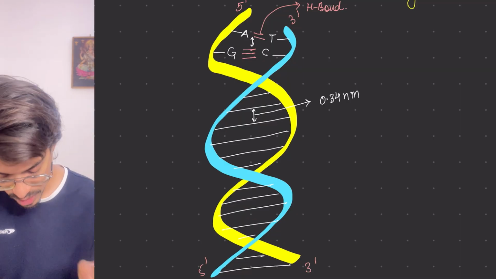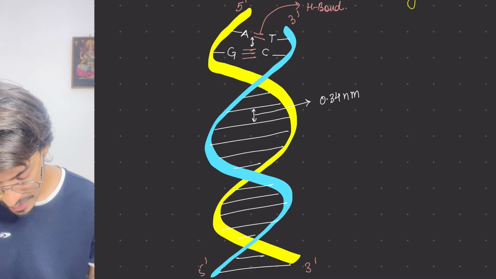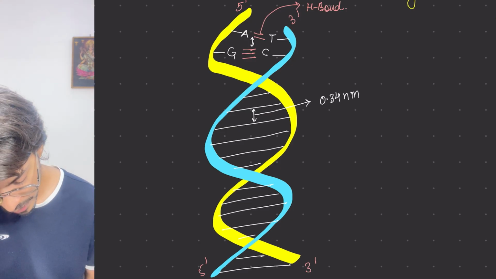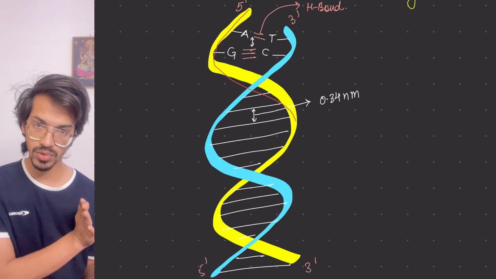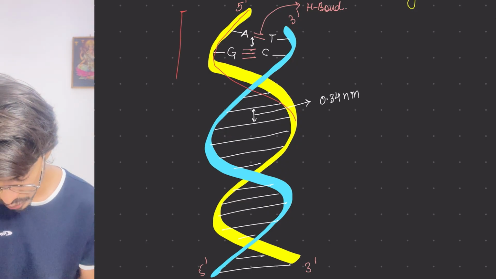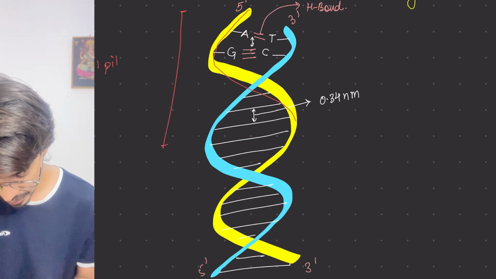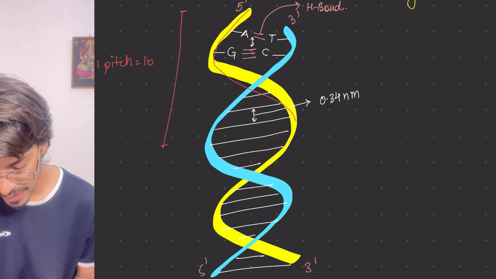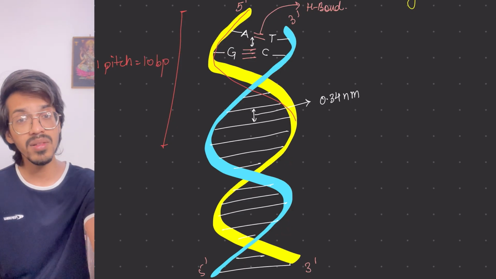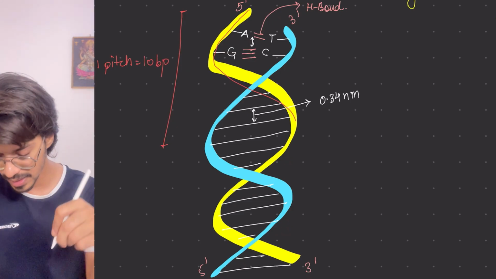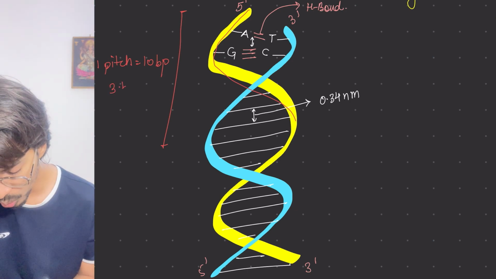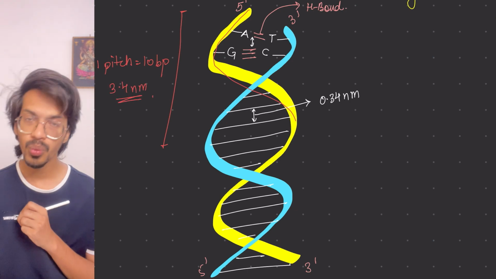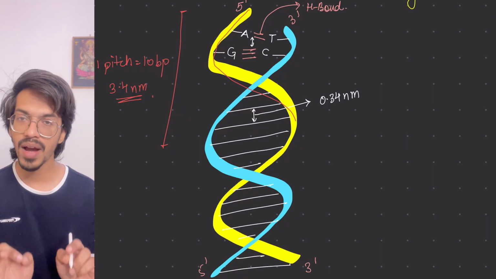Okay, so next, if you see over here, from this to this is considered as 1 pitch. So this 1 pitch contains how much? 10 base pairs. 10 pairs means 20 nucleotides. They are in the pair form, and this much is how much distance? It is 3.4 nanometer, 1 pitch. These things you have to remember.